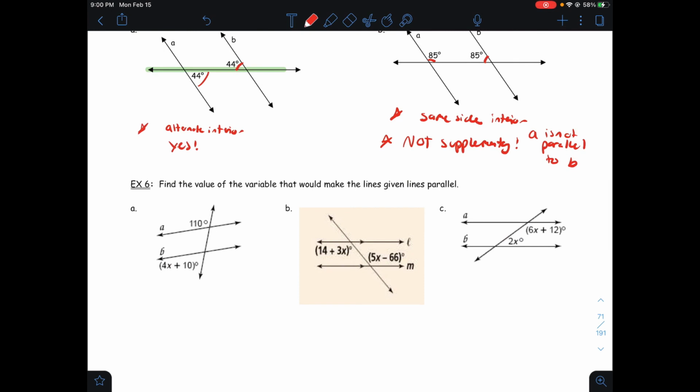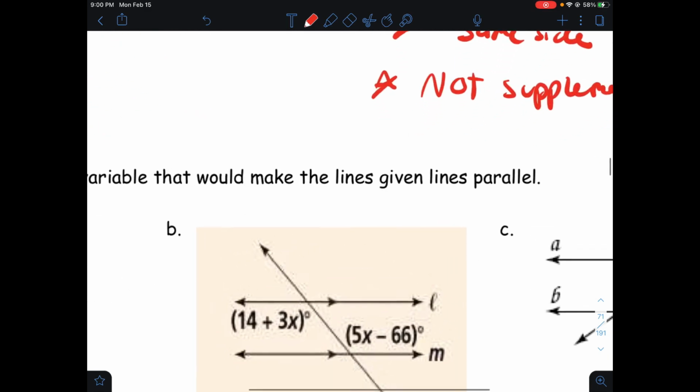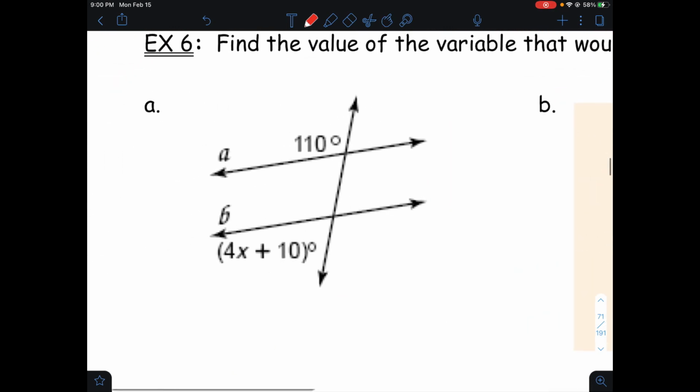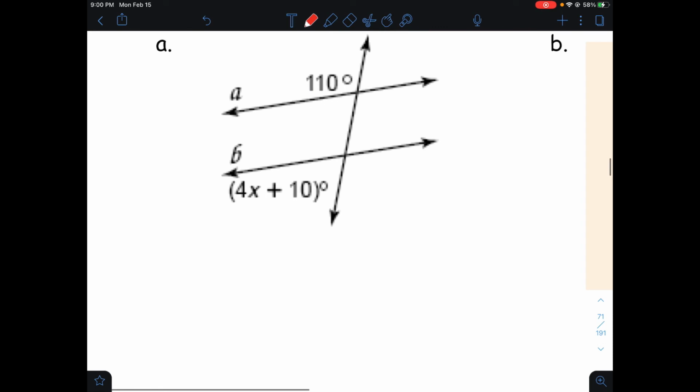All right, so next it says find the value of the variable that would make the lines given parallel. I was like, am I going crazy? We could cross that out. All right. So looking at this one, we have like a same side exterior situation going on here. So we know that same side exterior angles are supposed to be supplementary.